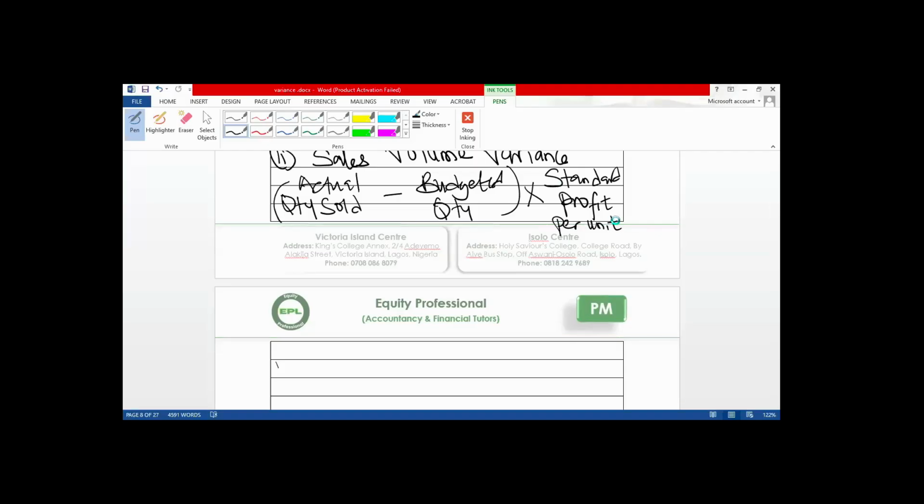At times, if the question is on marginal costing, then you are going to use standard contribution per unit. The examiner can either test you on absorption costing or marginal costing. If the question is on absorption costing, you are going to use standard profit to multiply it.